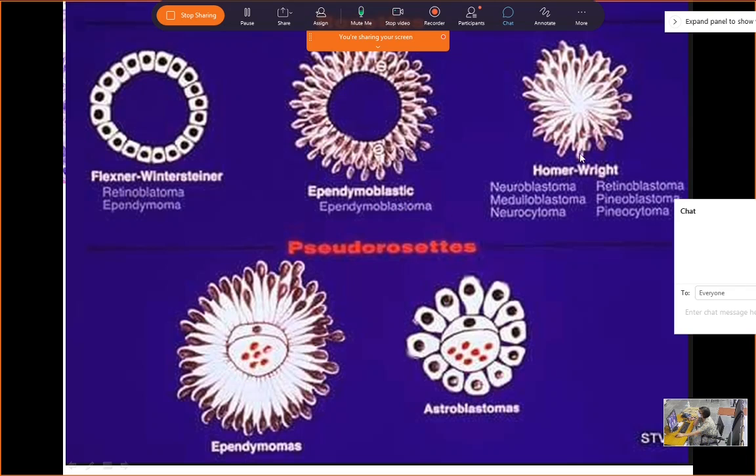This is the Homer Wright rosette. All these are actually true rosettes. When the cells are arranged around a vessel, they are known as pseudorosettes. So ependymomas have perivascular rosettes, which are pseudorosettes, and astroblastomas also have perivascular rosettes, which are known as pseudorosettes.